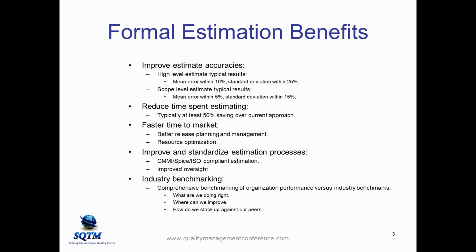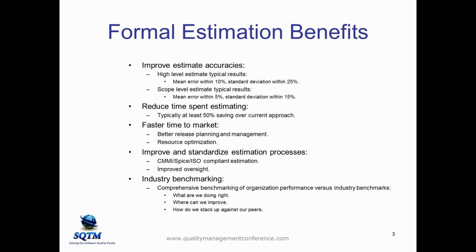When I talk about a statistically significant sample of estimates, you can be sure that if you have 30 or more, that is statistically significant. I actually find that if we get to numbers around 15 or so, normally this will work out. So for the mean, we want that to be within plus or minus 10% normally, and for the more detailed estimates, once we understand the scope better, normally plus or minus 5%.